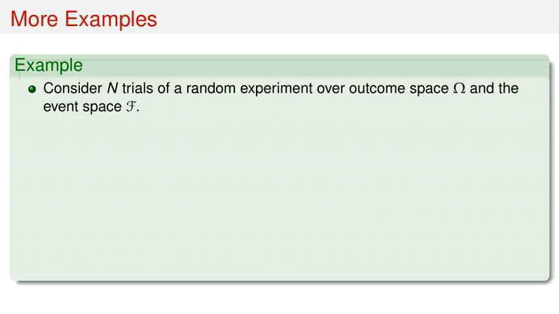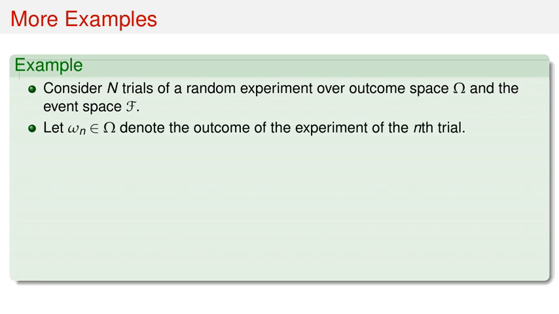Let's consider some more examples involving indicator functions. Suppose we conduct n trials of a random experiment over an outcome space omega and an event space script F. Let omega n in omega denote the outcome of the nth trial of this experiment.